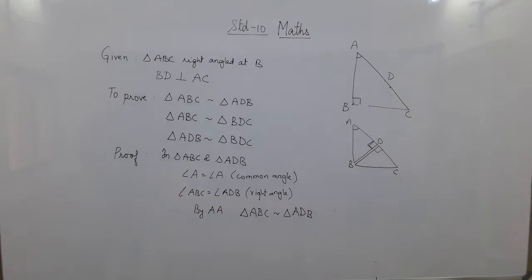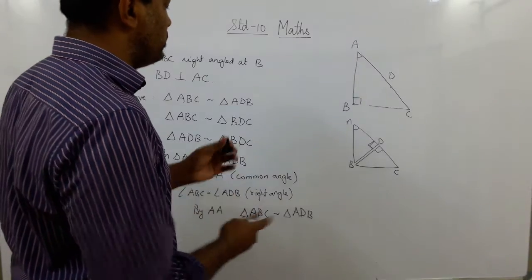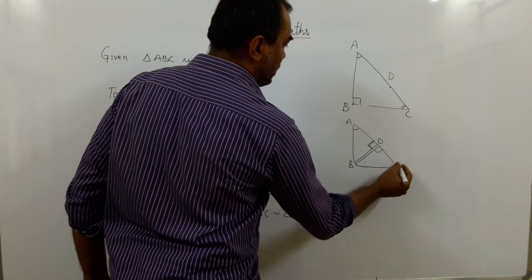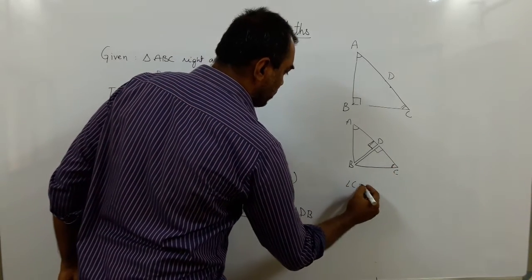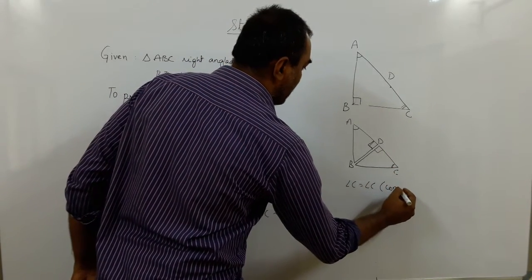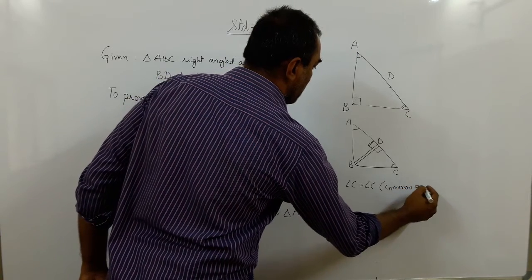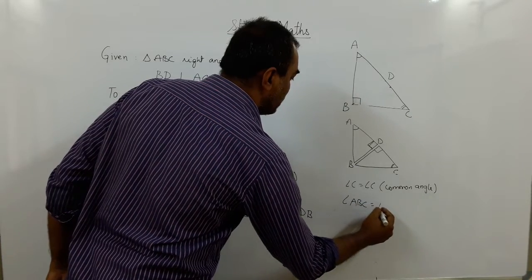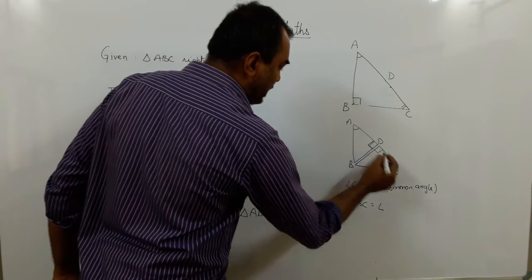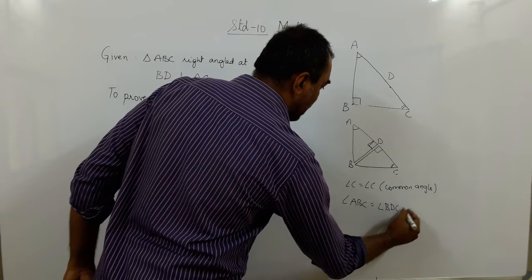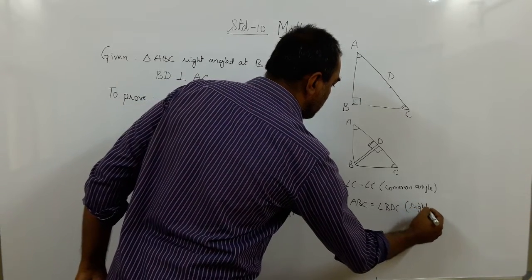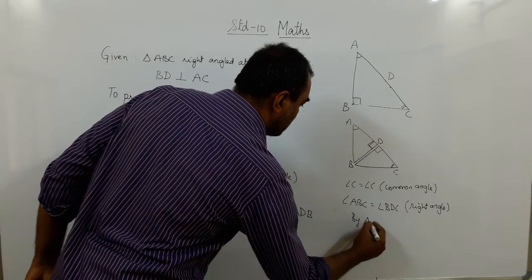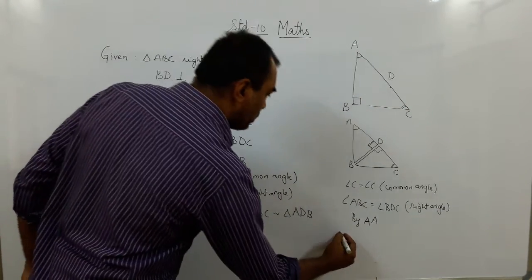In a similar manner, again triangle ABC, this time we have angle C equal to angle C, the common angle, right? And we have angle ABC of the bigger triangle, a right angle, equal to angle BDC, the right angle of the smaller triangle. So again, by AA, what have we got?